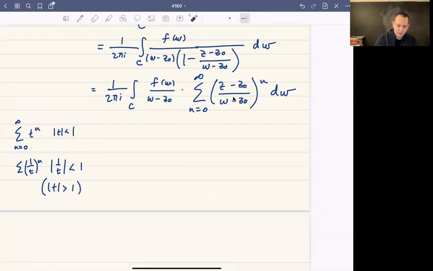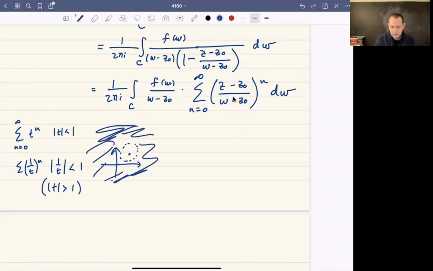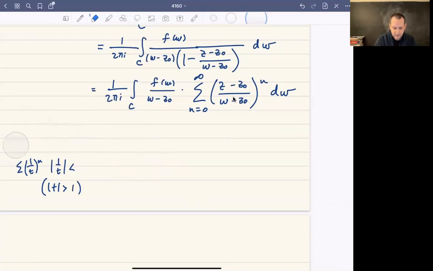We have some z naught here, we're missing this region, but it's valid everywhere else. Really all we need to know is that this power series is valid not just on that disk, but on that circle of radius little r.